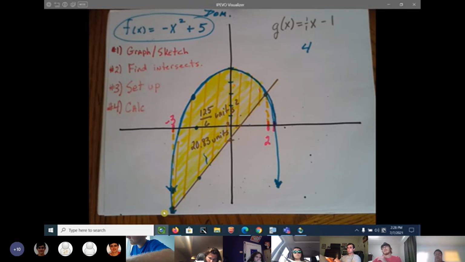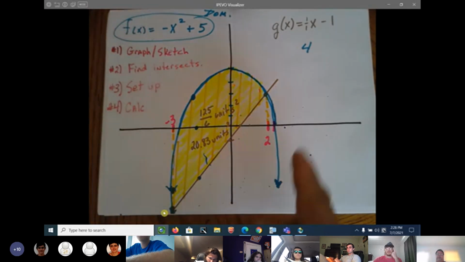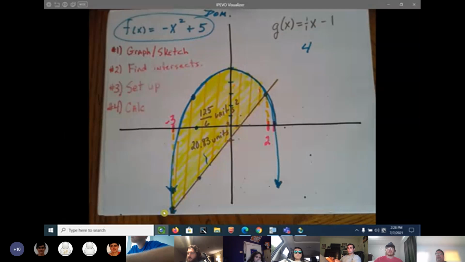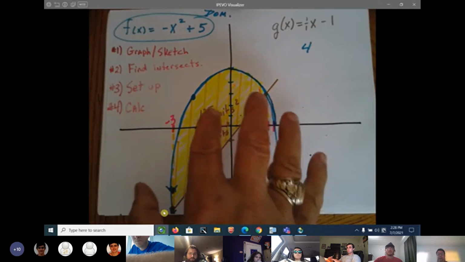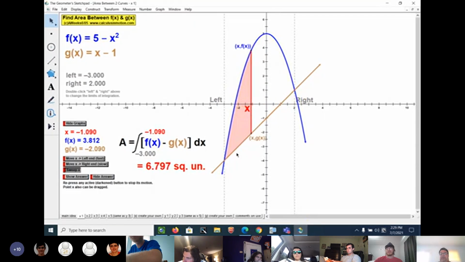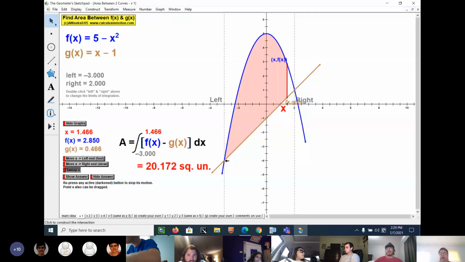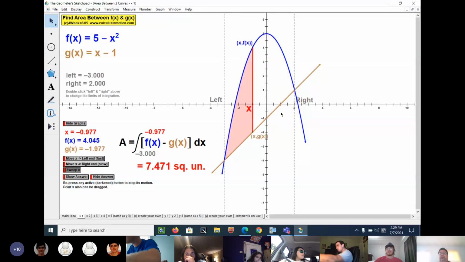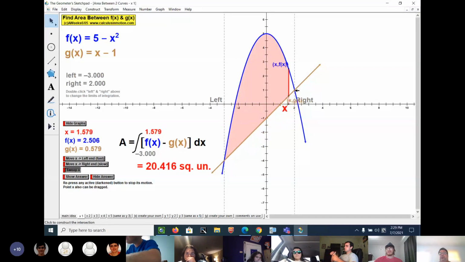Now, if you haven't sketched them yet, I want you to draw this in your notes because it's very important that you see it up large so you can see what you're actually doing. That's why you need to sketch these things. And you see, as well as here, that you have to have an intersection point on the left and you have to have an intersection point on the right.